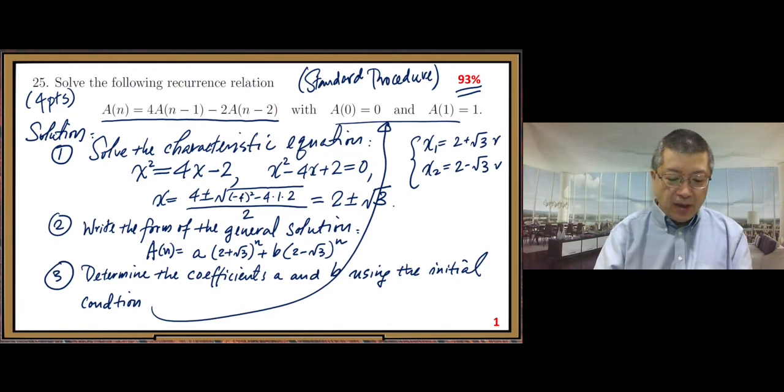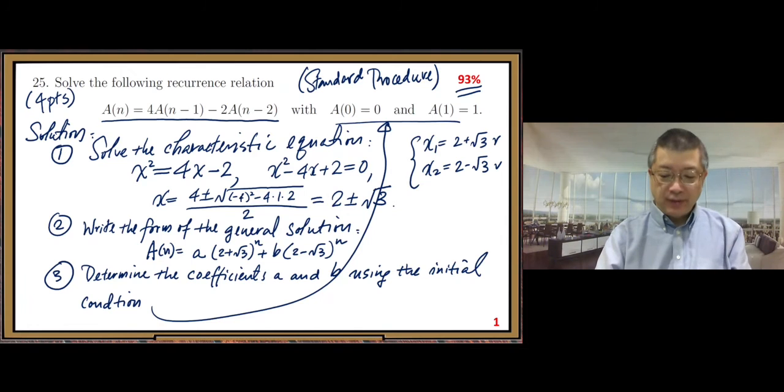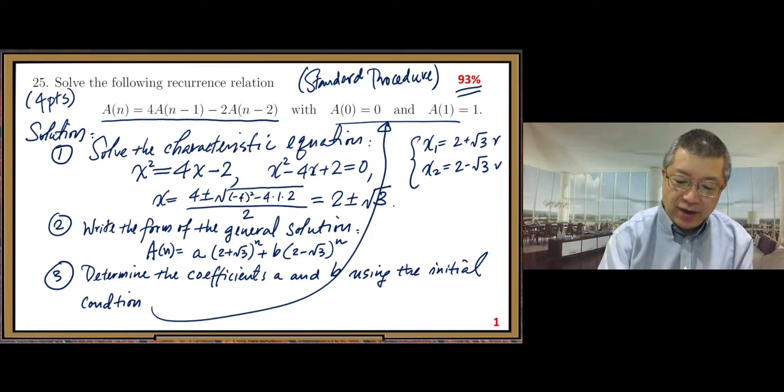Plug in 0: a of 0 equals 0, so a plus b equals 0, so b equals negative a.